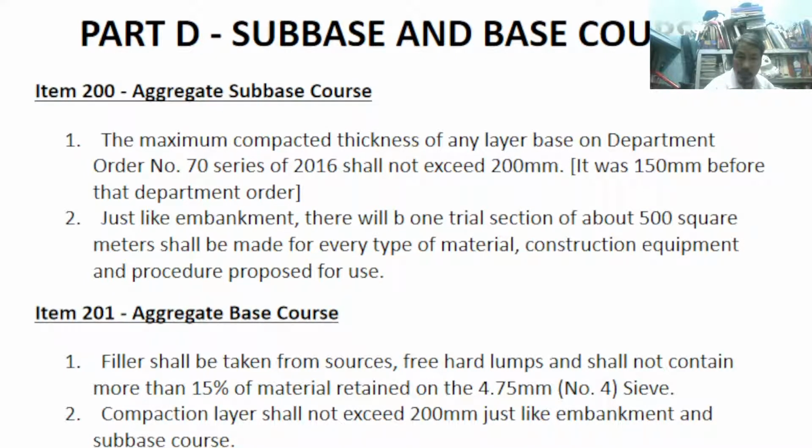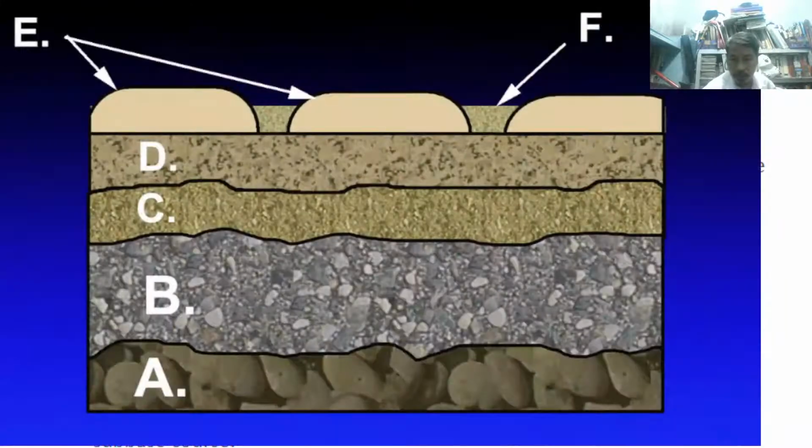So meaning mostly sand. That's why the layer is like this. That is letter F on your screen. Those are sand that must be small enough so that it could be a filler.